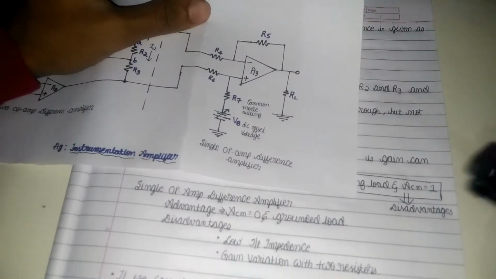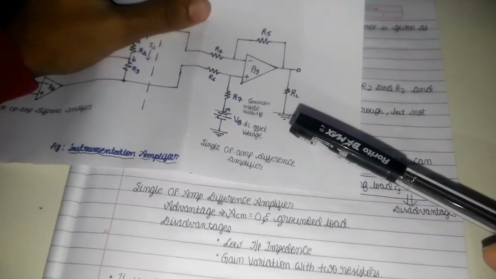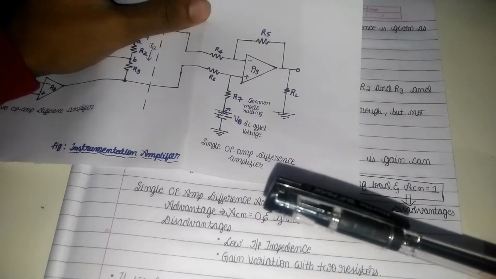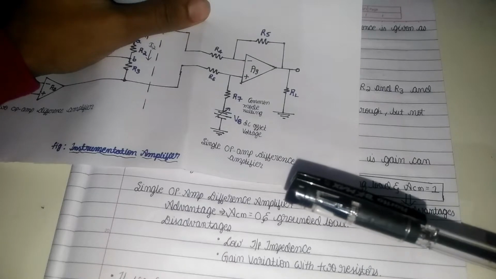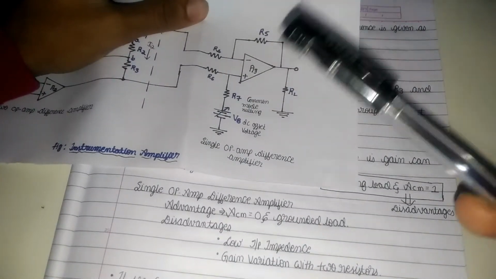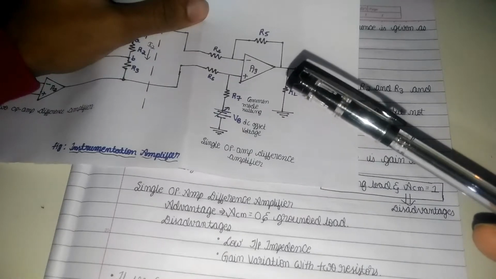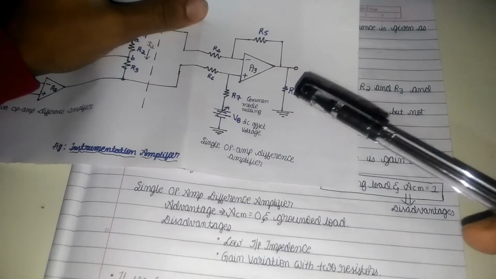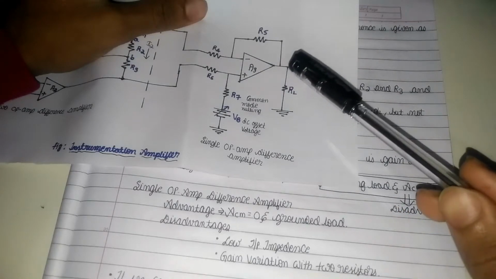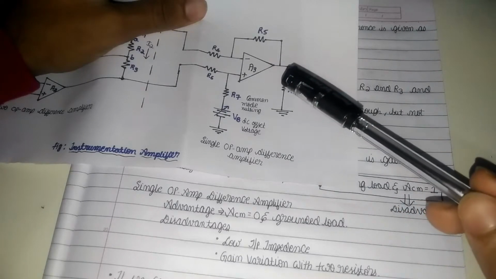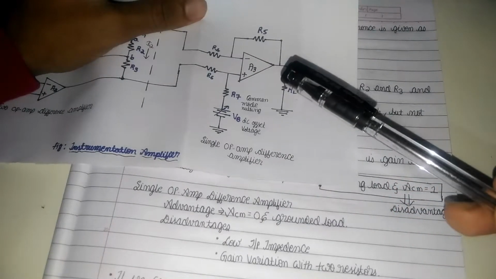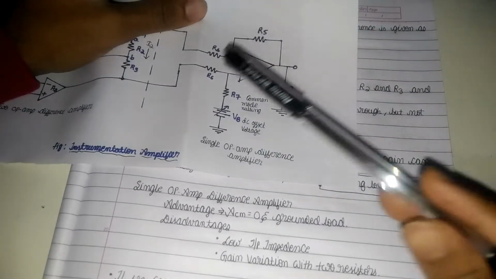Next we can see the single op amp difference amplifier. Friends, the advantages of the single op amp difference amplifier are that the common mode gain of this amplifier is 0, and the load resistance is grounded. The disadvantage of this amplifier is low input impedance.